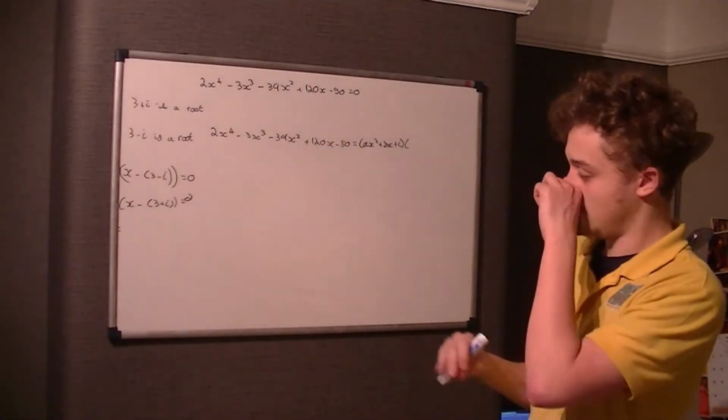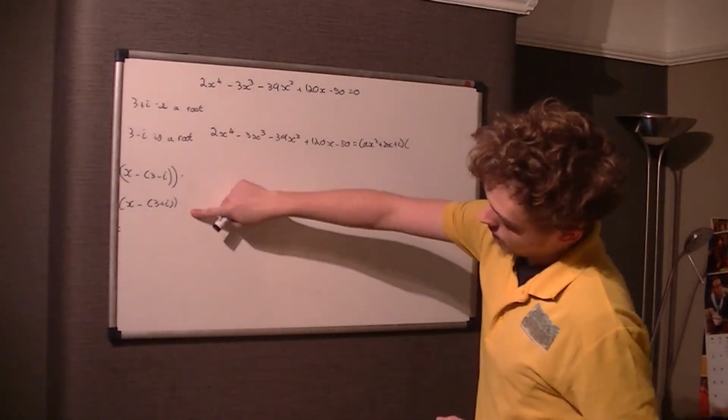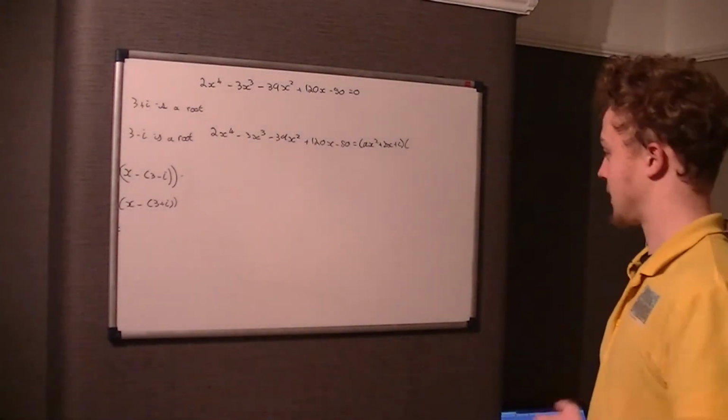To understand this, we need to go back to our quadratic video in the complex series for the Pure One. We said this is equal to a quadratic and another quadratic.